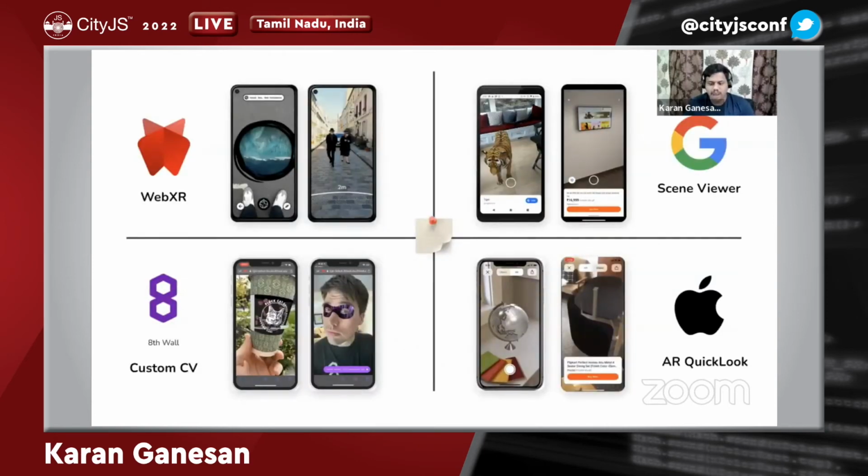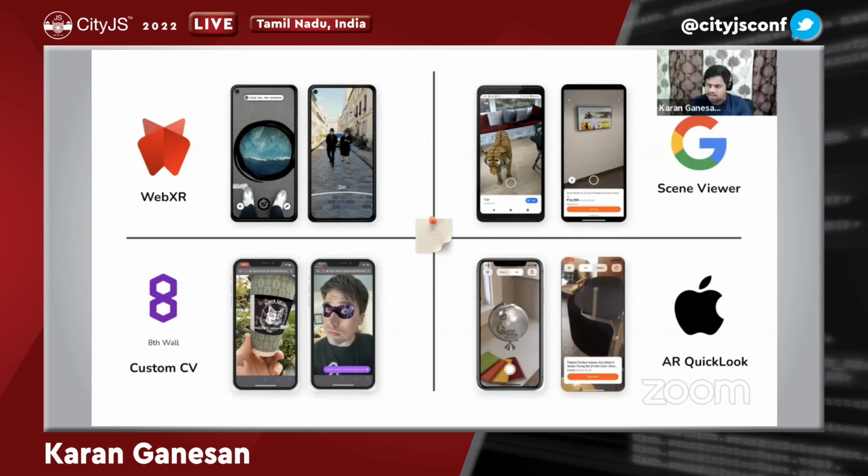Now today, if a brand or a business or a startup or you yourself want to try out anything in the space to put AR on the web, there are four main things that you can use out of the box and deploy in a couple of days or so. The one thing is WebXR. WebXR is a browser spec that a lot of companies are collaborating on and building. That's the Google example that I showed earlier also.